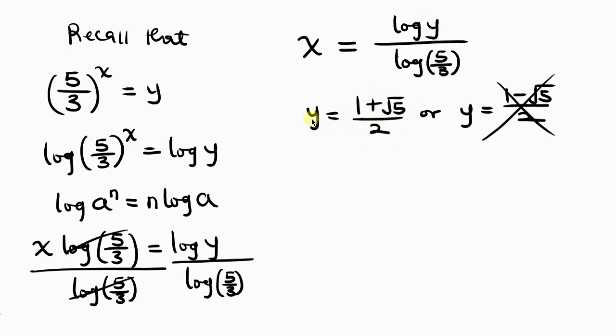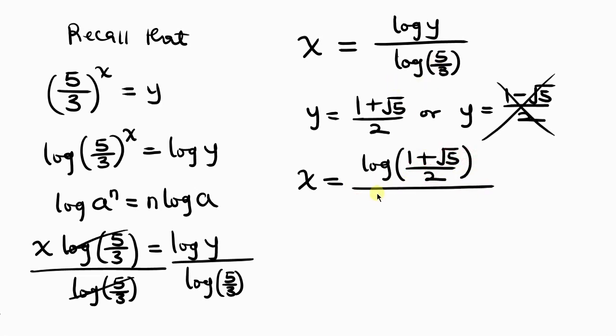So let's substitute this value of y here. So our x now becomes log y. Y is 1 plus the square root of 5 all over 2, all over the denominator, we have log 5 over 3.